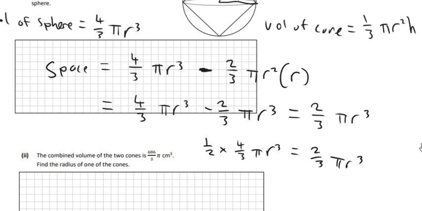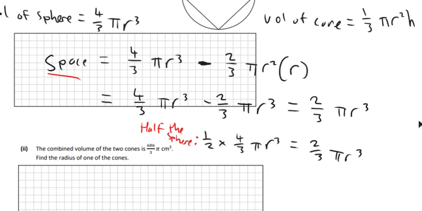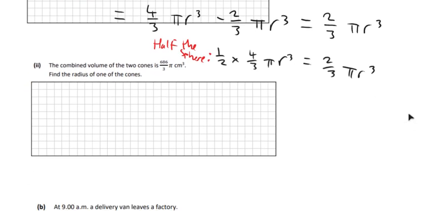So that's half the sphere that we worked out, and we already worked out the space that's left inside. So half the sphere is equal to the same thing as the space that's left.